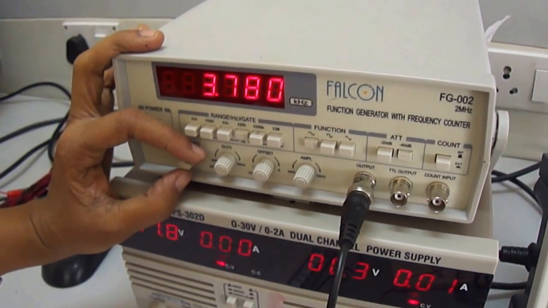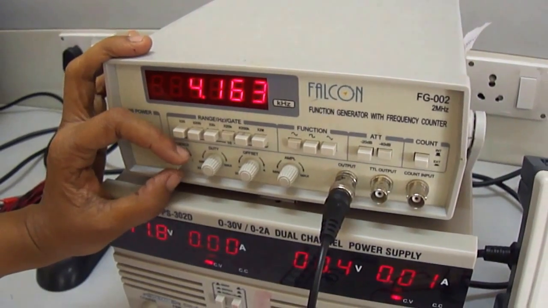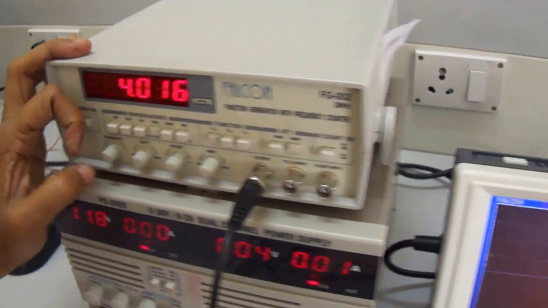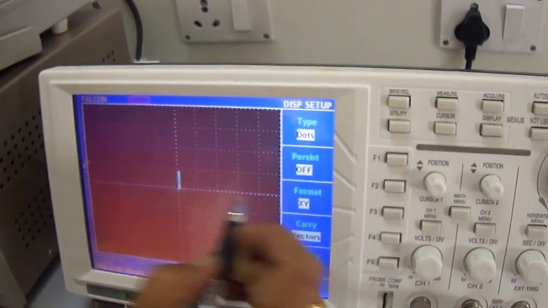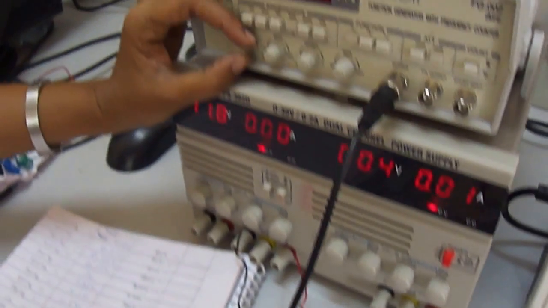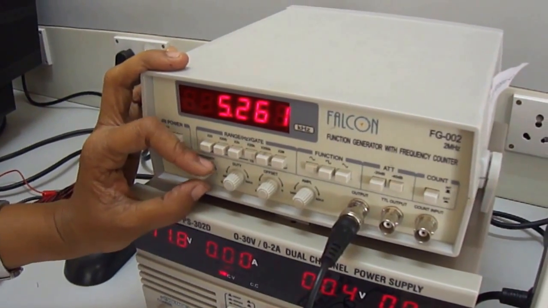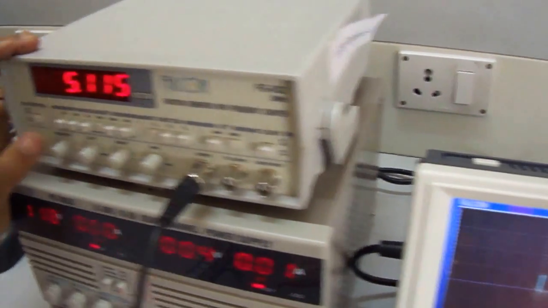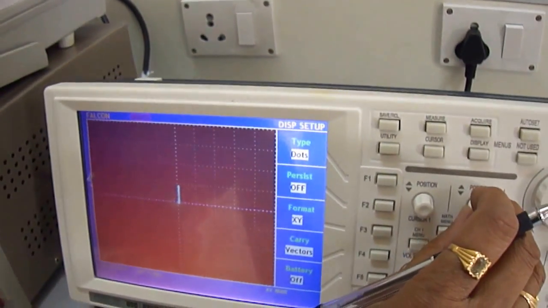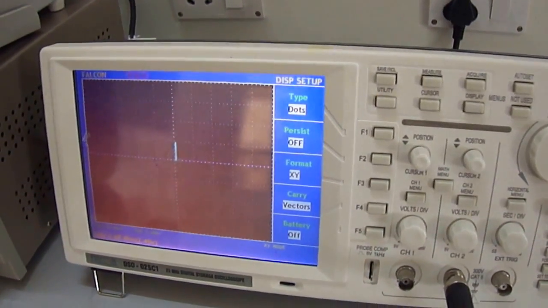Next 4K. At 4K we are getting 4 volts. Next is 5K. At 5K we are getting 4.5 volts.